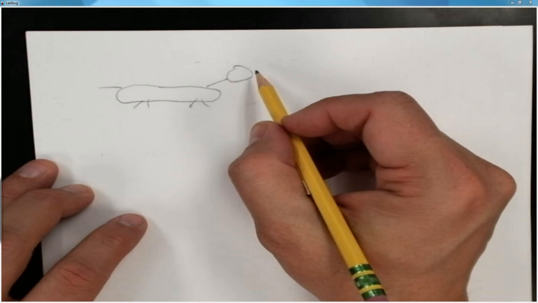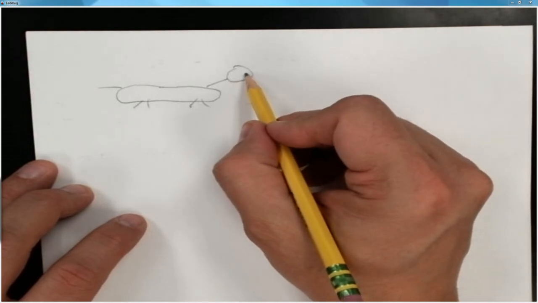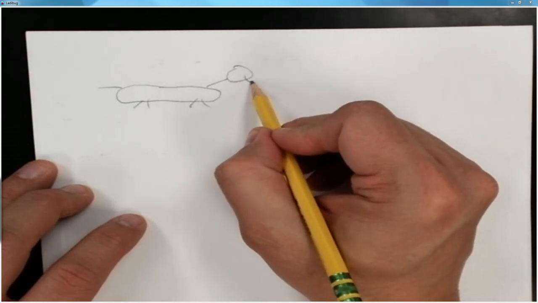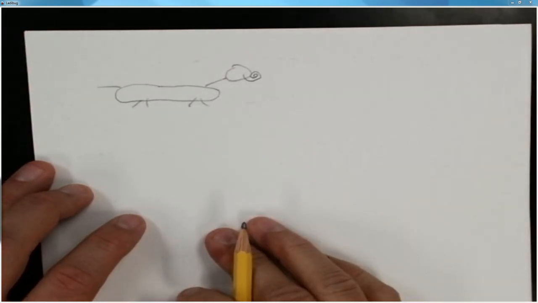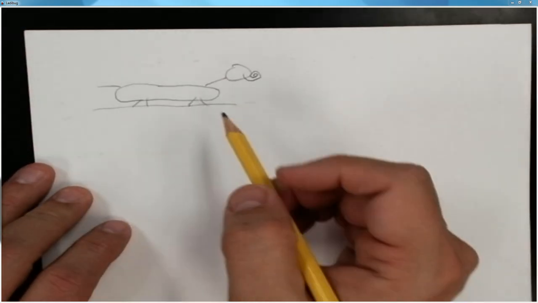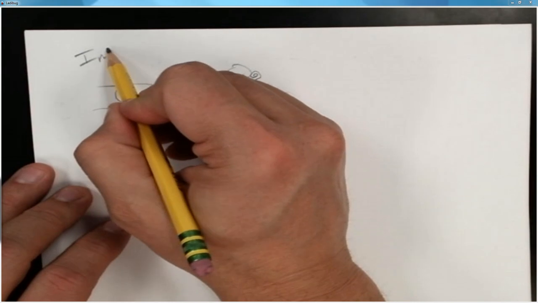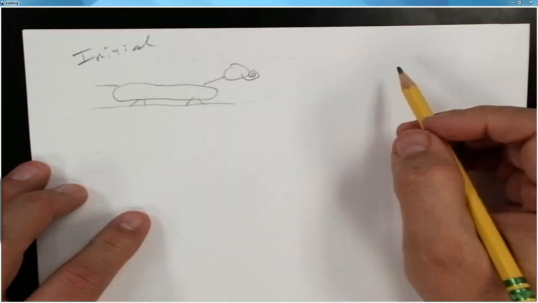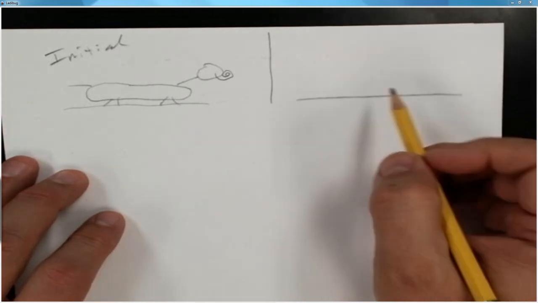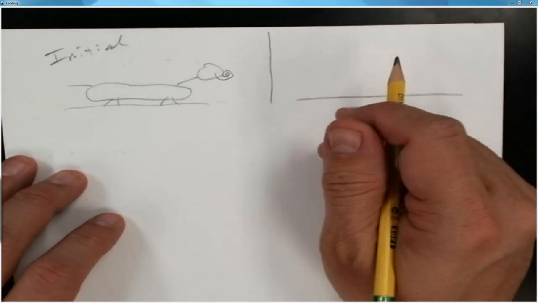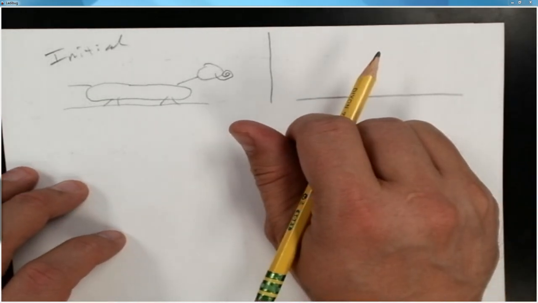Okay, and his tongue is all curled up. So here's his tongue inside of his mouth. That's my chameleon's tongue. So this is initial. And then my chameleon, let's see, what does he do?